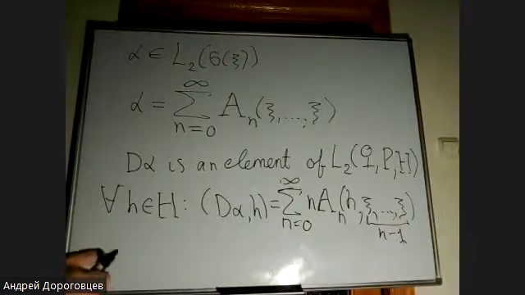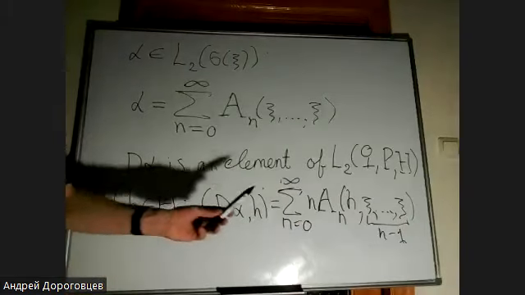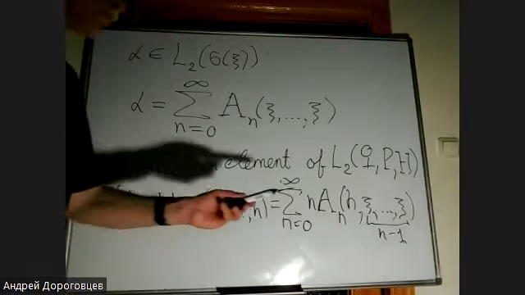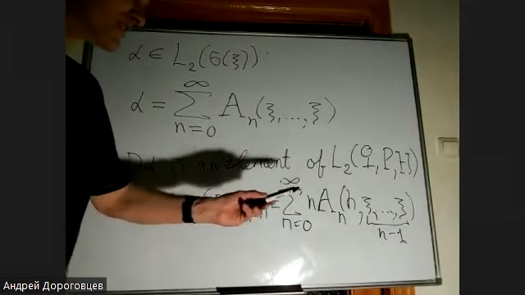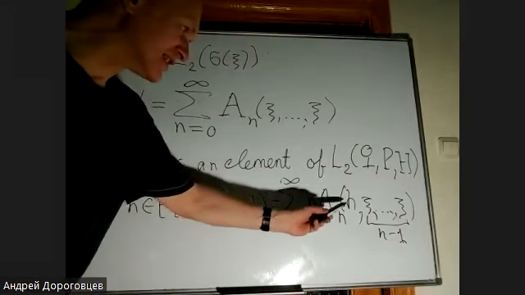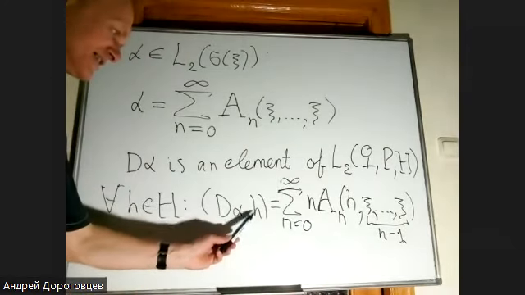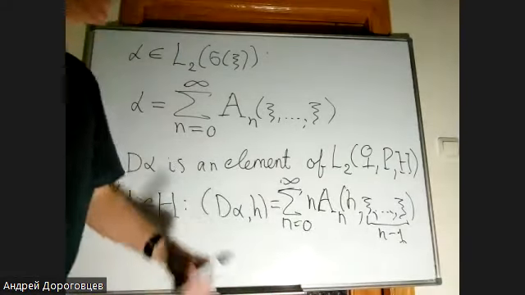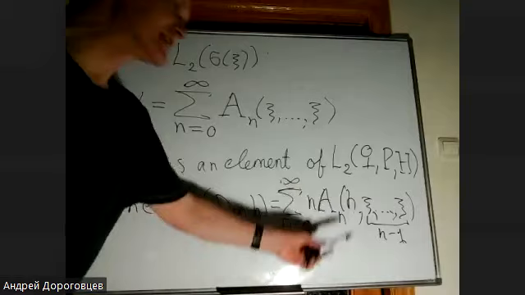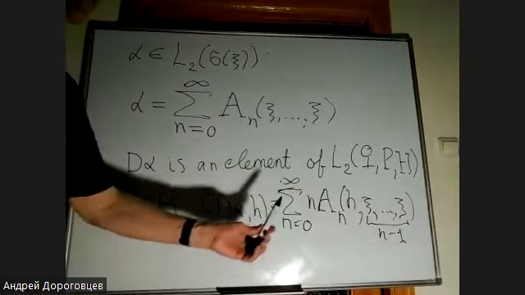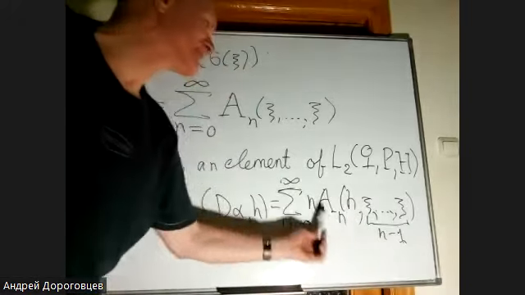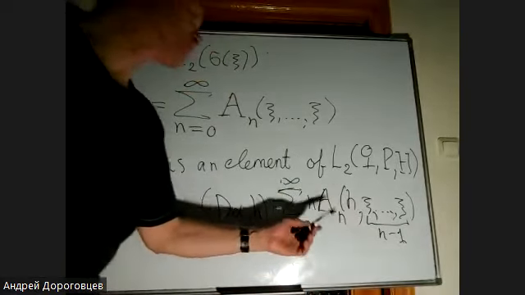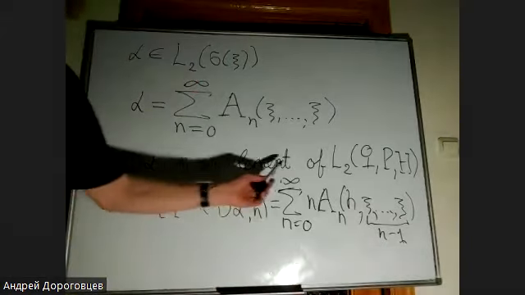And you see what is happening here. After we substitute in one coordinate of our form a_n our testing vector h, we get from the n-linear form an (n minus 1)-linear, still symmetric Hilbert-Schmidt form. So we still can organize this (n minus 1) degree infinite dimensional Hermite polynomial and organize the sum.